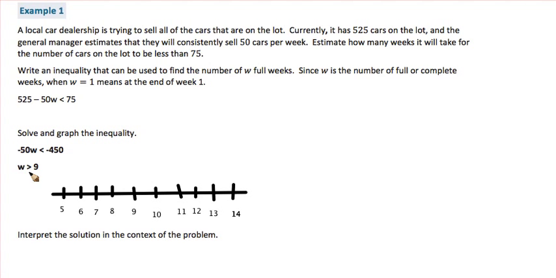That means that W cannot be 9. It doesn't include 9, but it could be anything over 9. So we put an open circle on 9, meaning that it does not include 9, but anything over 9 it will include. And then we'll draw a ray to the right to show that any number greater than 9 will be a part of the solution set for this inequality.